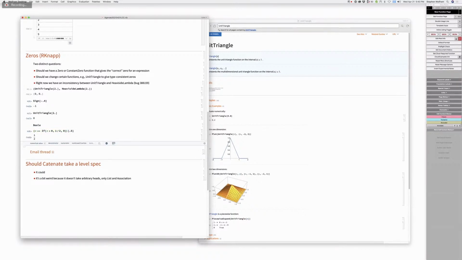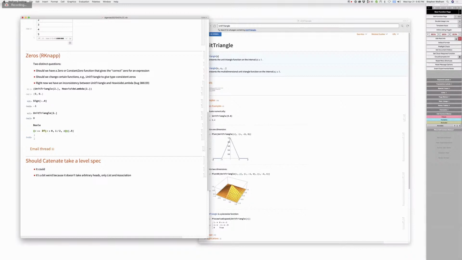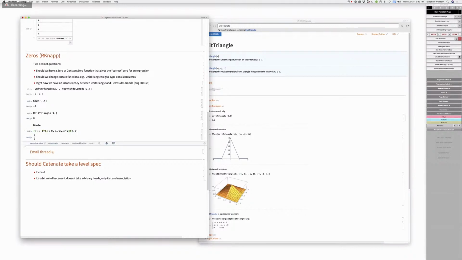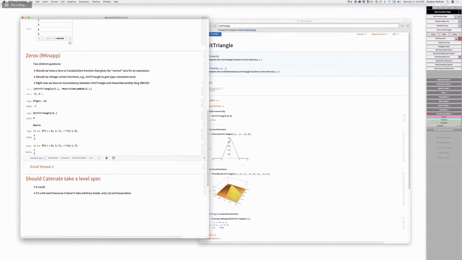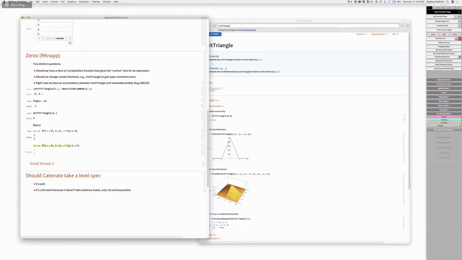Okay, now sure, but this is a function that always returns an exact result, which is fine, right? The point is, if you do unit triangle of 0.5, look, in this case I can get exactly the same issue right there. Minus 0.7.